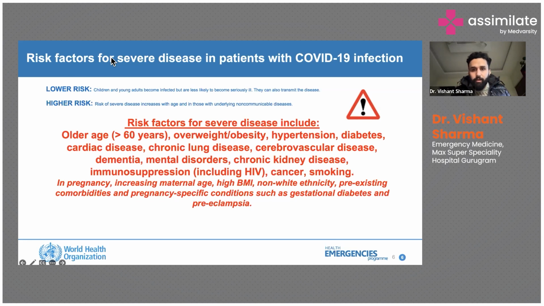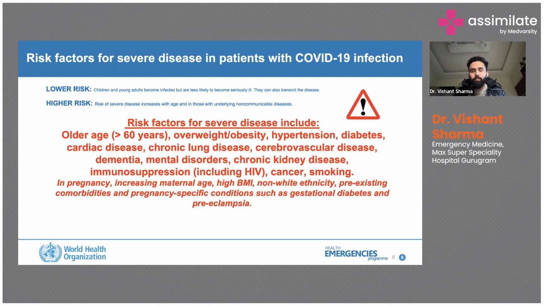People at higher risk of severe disease include those with underlying communicable and non-communicable diseases, what we call people with comorbidities. Risk factors we know: old age, more than 60 years, overweight, hypertension, cardiac disease, chronic lung diseases, any cerebrovascular diseases, dementia, mental disorder, kidney disease, everything that you understand.